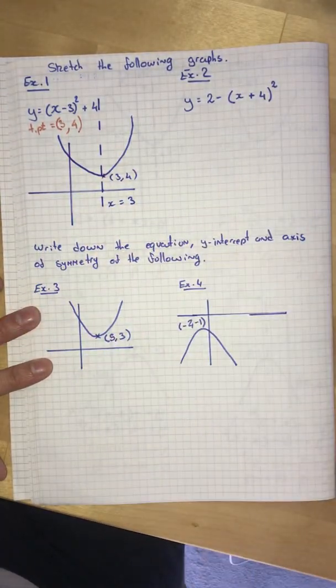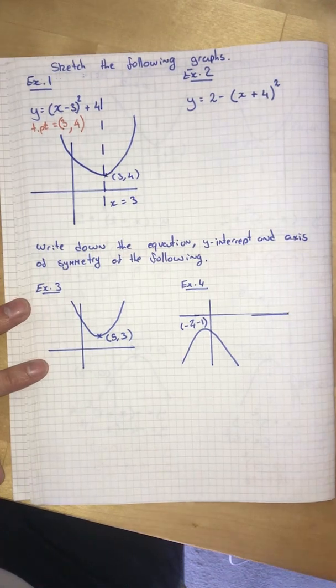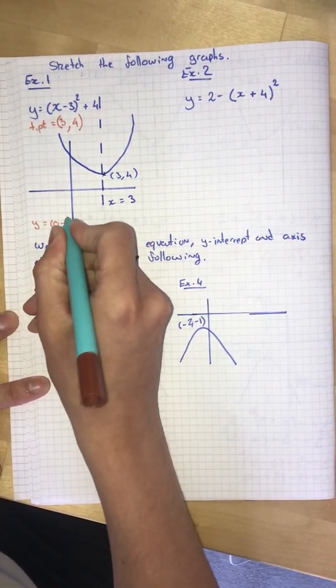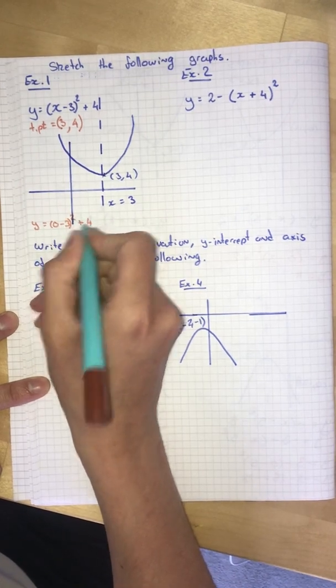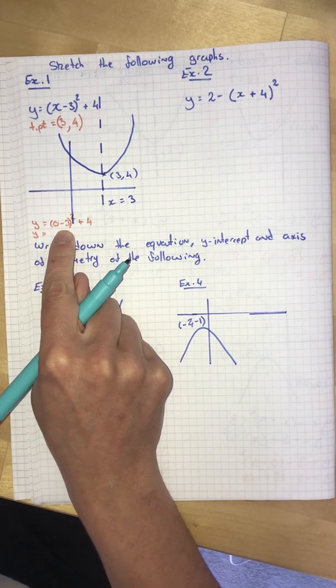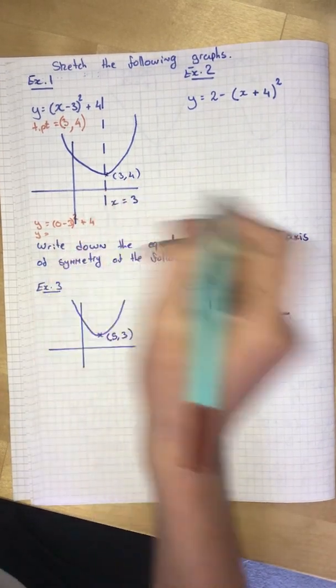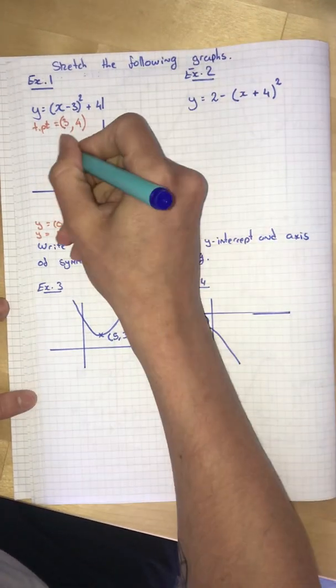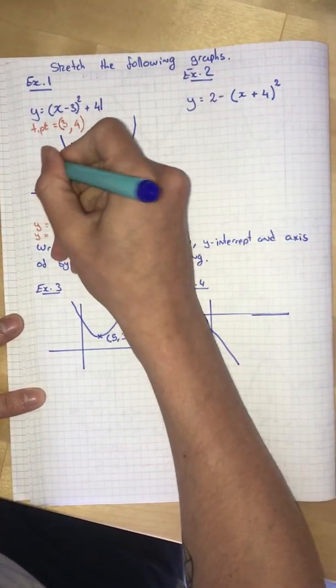Last thing we need is a y-intercept. Zero minus 3 is negative 3. Squared is 9 plus 4 is 13. So that is the point 0, 13.